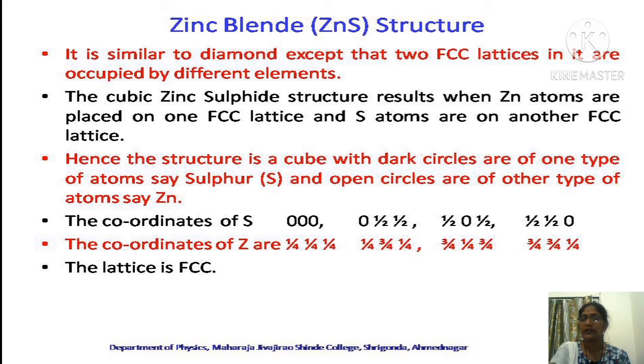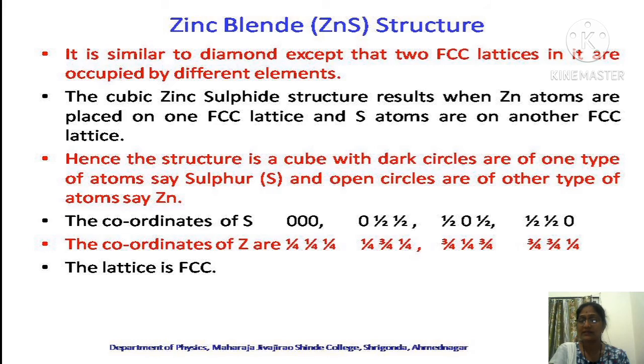The positions of sulfur will be at 0 and 1/2, and the positions of zinc are at 1/4 and 3/4. Here Z only is typed, and I have to write N also, so it will represent Zn.